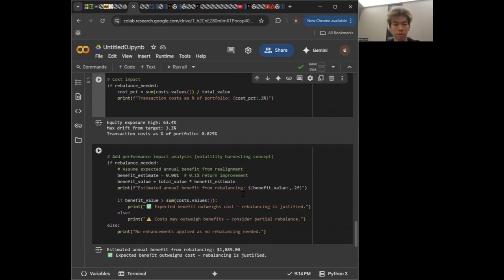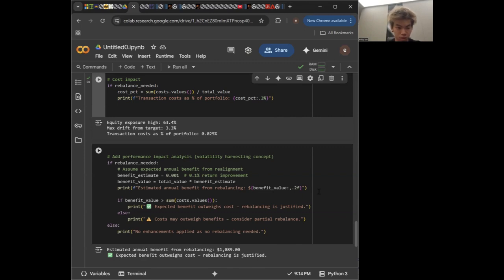And then for the last part, the system checks if the rebalance is needed. For this part, I assume the benefit of rebalancing will be a 0.1% improvement of the portfolio, which is $1,089 for this portfolio.